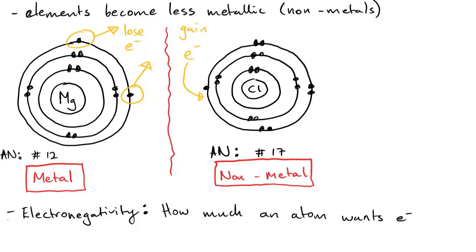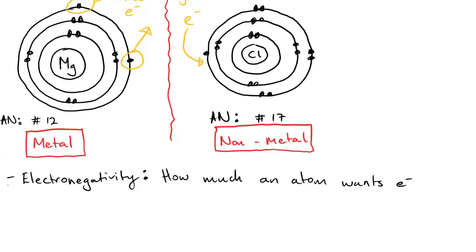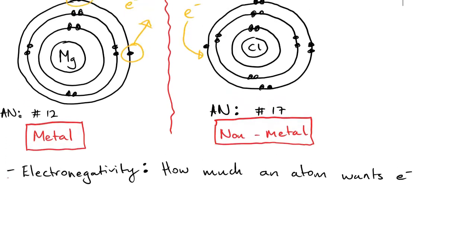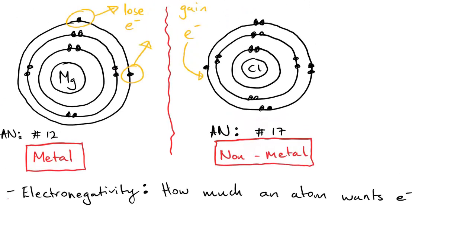So electronegativity, with respect to the examples that we've just seen, we understand that magnesium compared to chlorine, if you think about magnesium and what we just explained, magnesium is really willing to lose electrons.